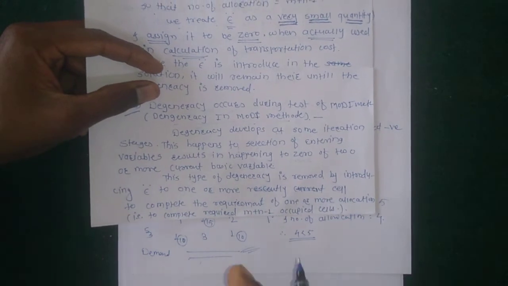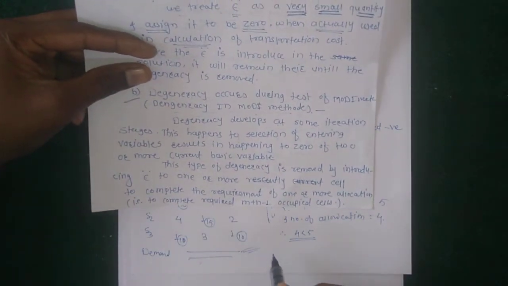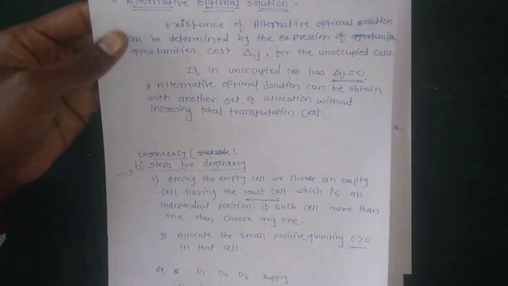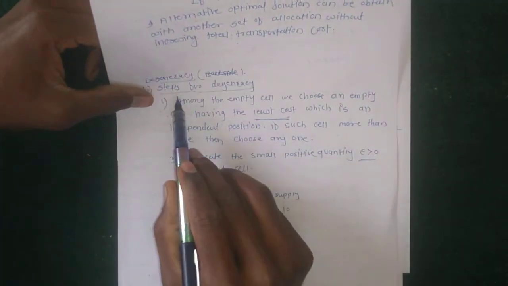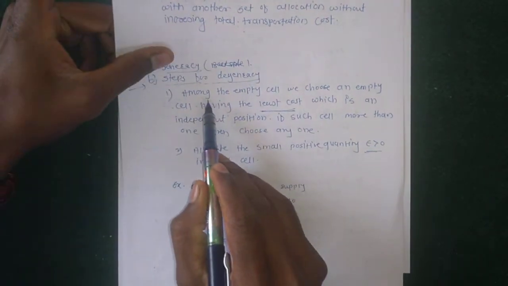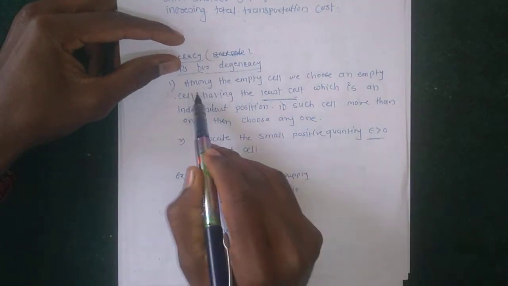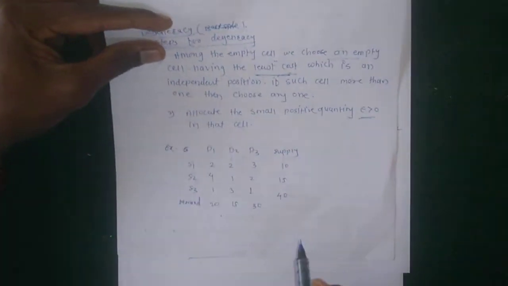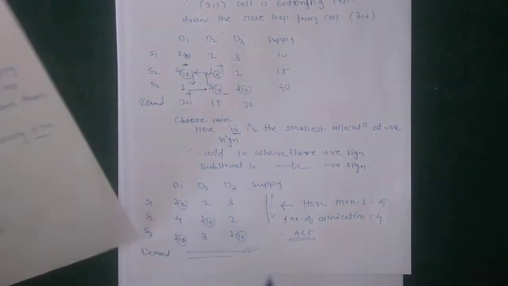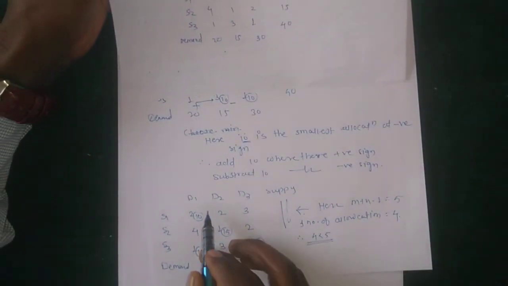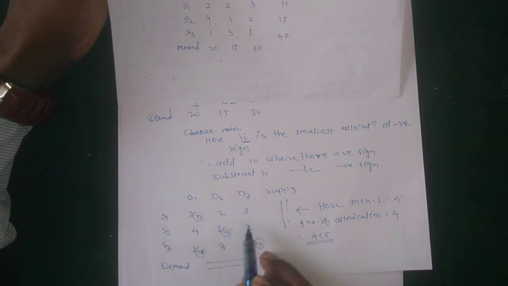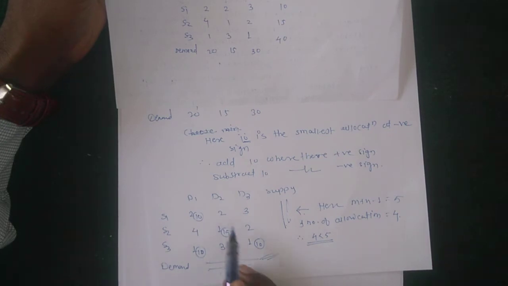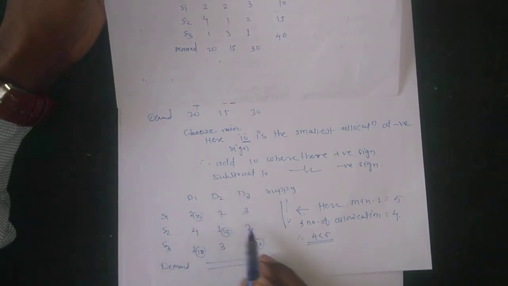After this degeneracy, how do we find the solution? Among the empty cells, we choose an empty cell having the least cost. We have to choose the smallest value among the unoccupied cells, which is 2.